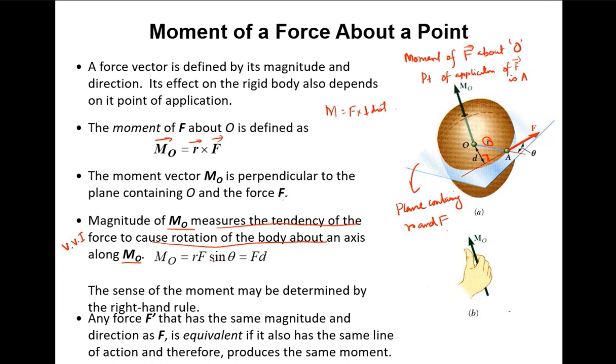So this cross product denotes force into perpendicular distance. R into F into sine theta is nothing but F into D. Now the sense of the moment may be determined by the right hand rule.